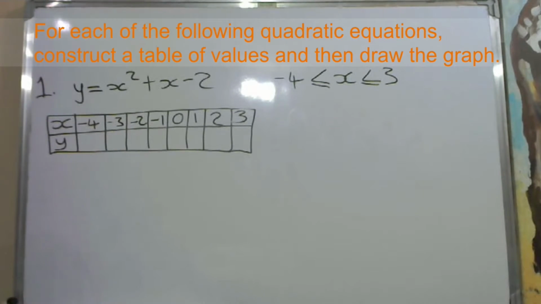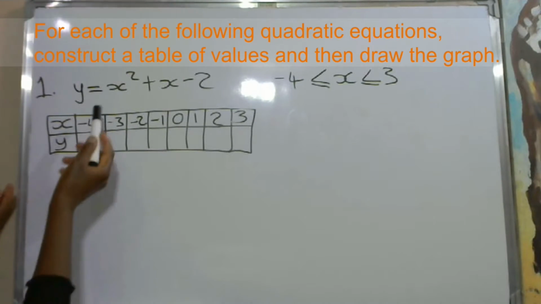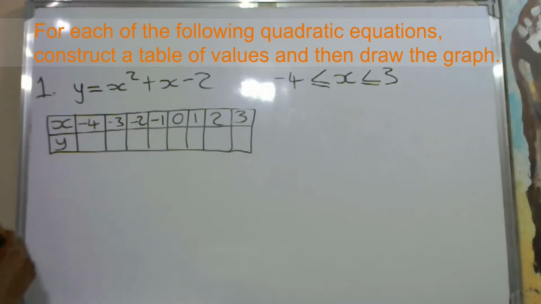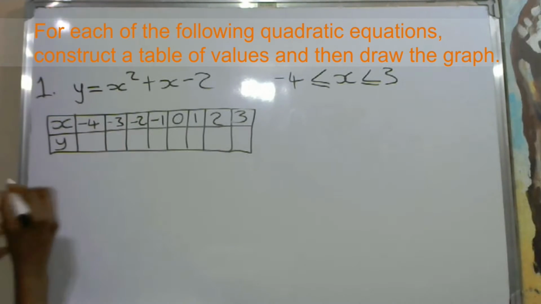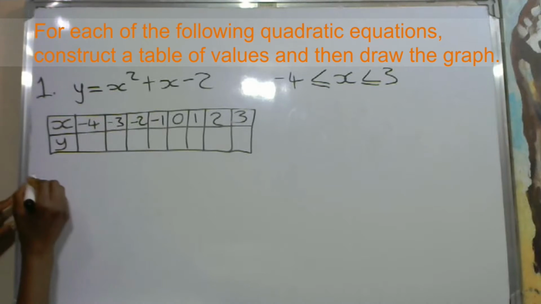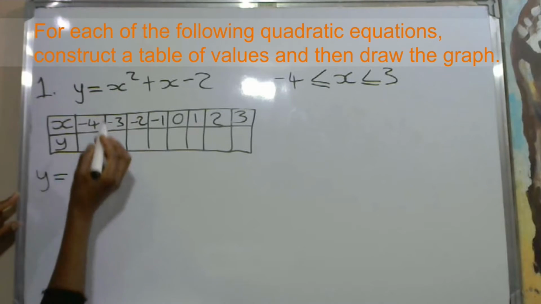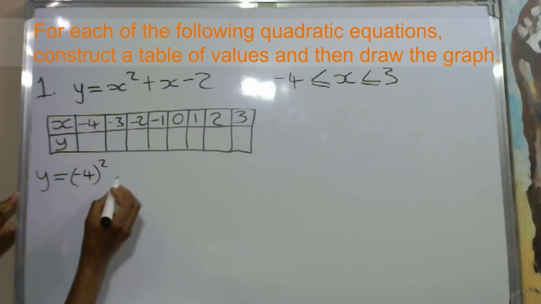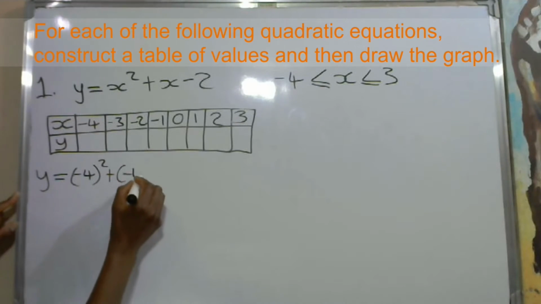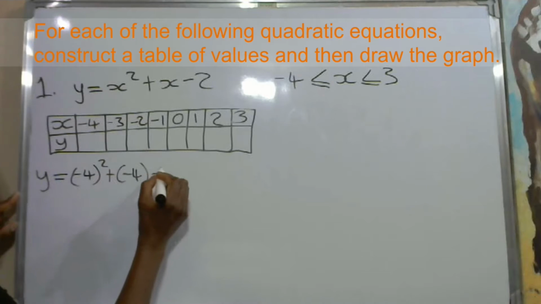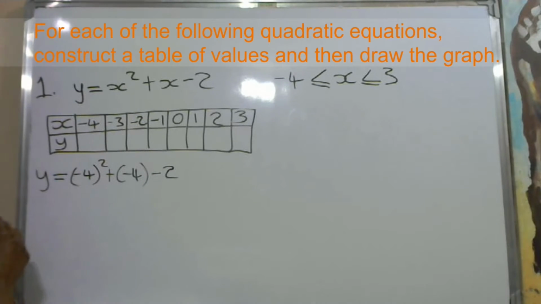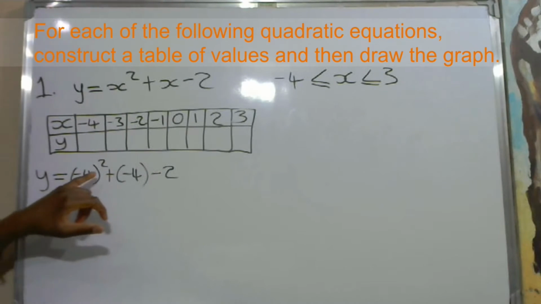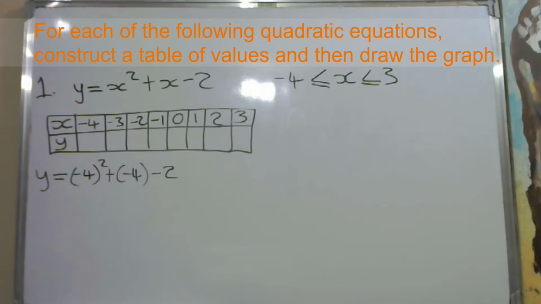Okay, so let's say for the first x value, that is -4, what is the value of y? So our y when x is -4, this should be squared, plus our -4, and then we subtract a 2. -4 squared will give us a +16.